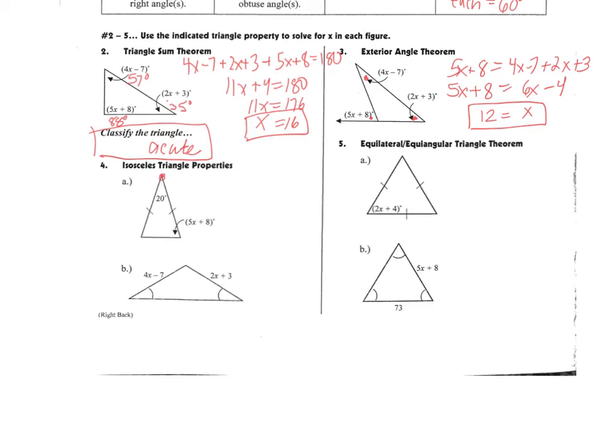If I have 180 degrees in the triangle sum, and I take out the 20 that's the vertex angle, that leaves me with 160 to split between these two angles. So this angle is 80 as well as this angle is 80.